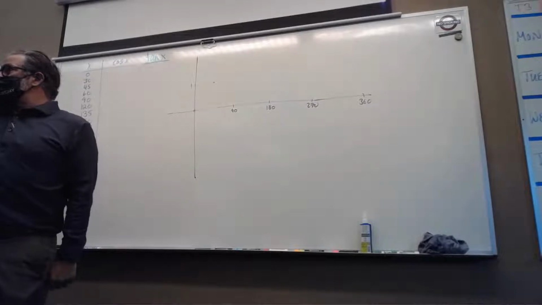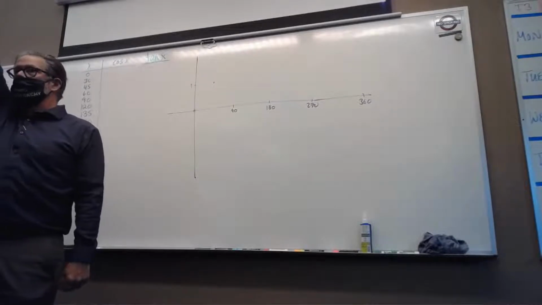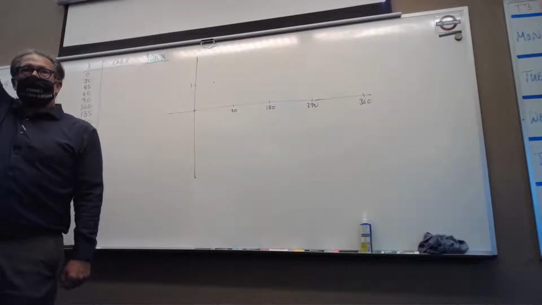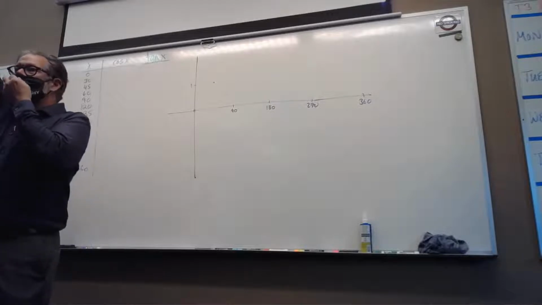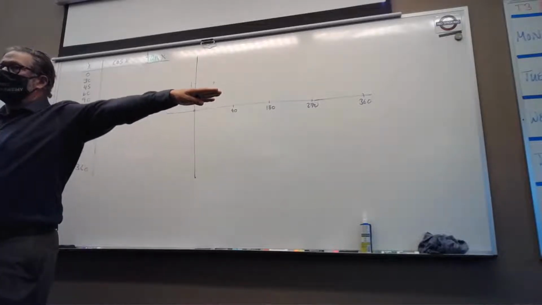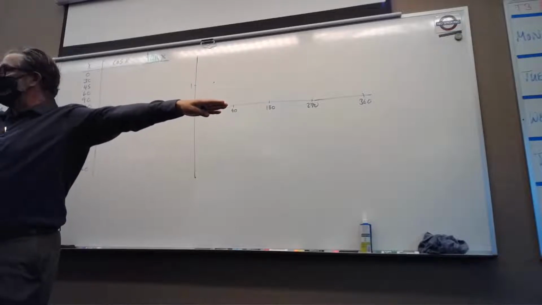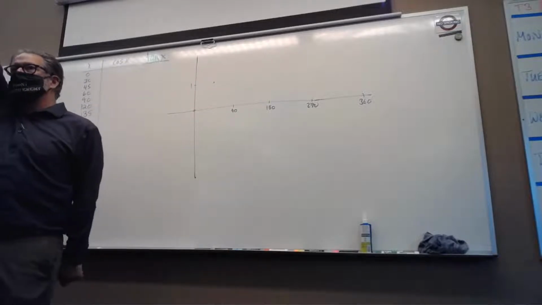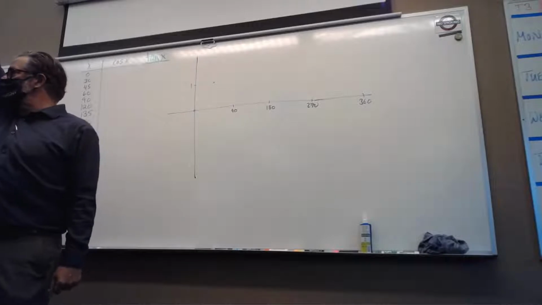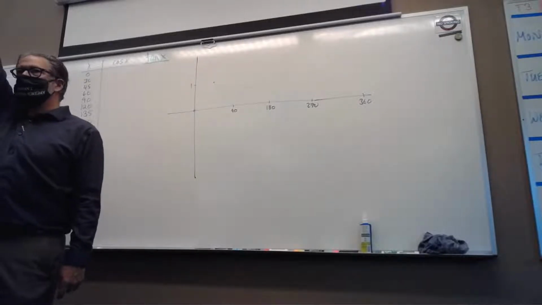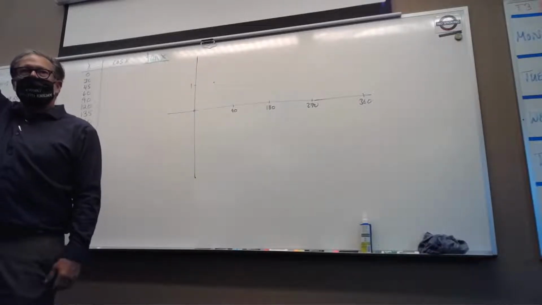What's the slope of this line? It is undefined. 0 is here. Rise over run. No rise, as much run as you want, that's a slope of 0.